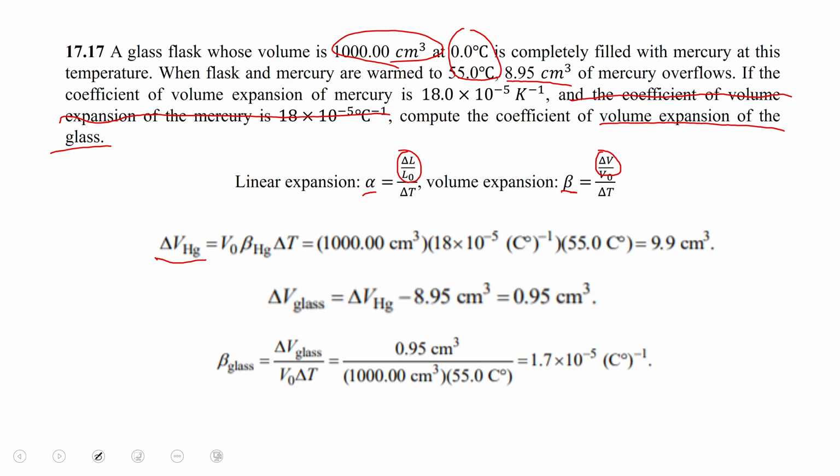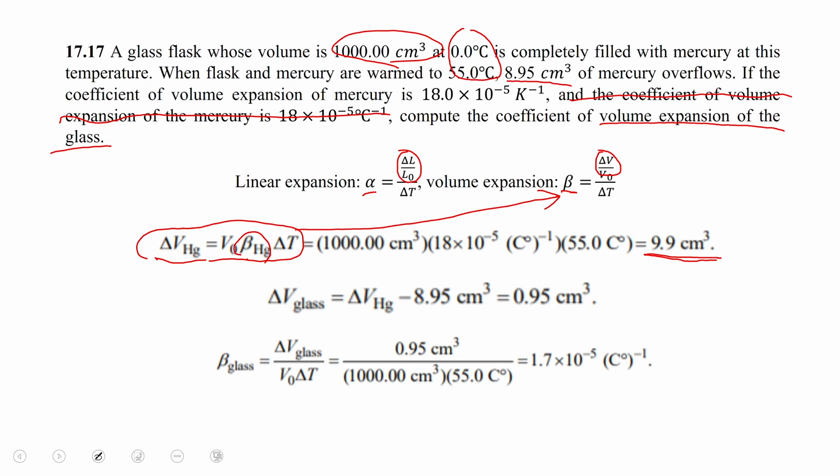So we have this formula, which we just got from here. We know the initial volume, the change of temperature, and the coefficient here, so we can solve the change of volume for the mercury. So we have this, the volume change for the mercury.